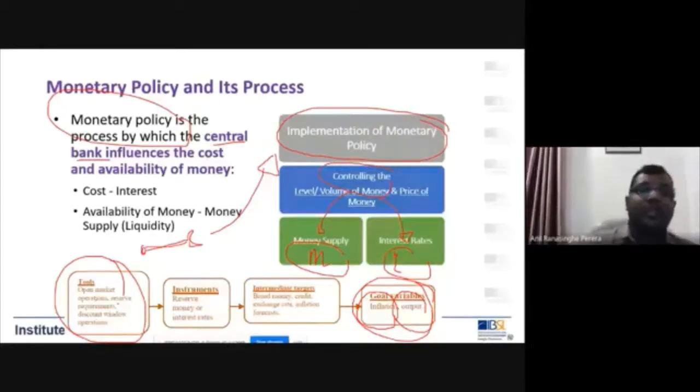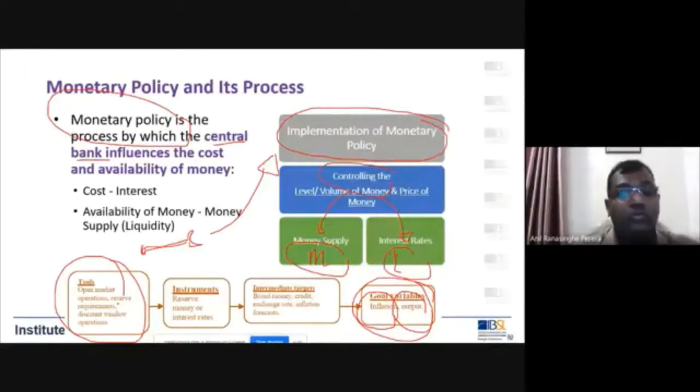There are different types of tools, different sizes of tools, and different impacts. So the central bank employs these tools in its monetary policymaking. The central bank can use one or two tools, or it can use a number of tools in combination. So these are actually performed by a central bank.